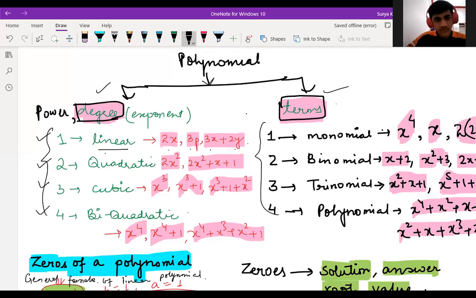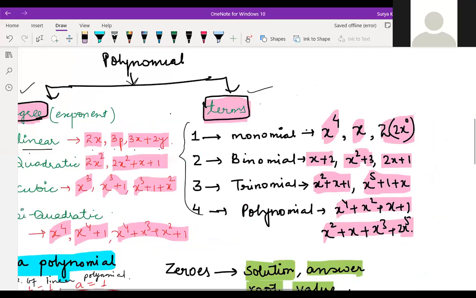Now, second is according to their terms. If only one term is there, that is a monomial. If 2 terms, binomial; 3 terms, trinomial; 4 terms or more, polynomial. Actually, all these are polynomials only.